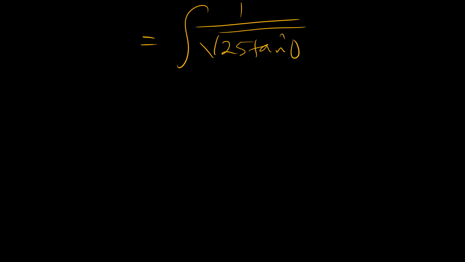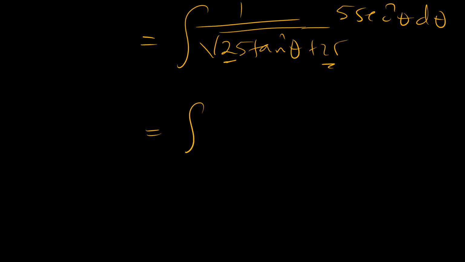So this becomes 1 over the square root of 25 tan squared theta plus 25, times 5 sec squared theta d theta. We can pull this 25 out and it becomes 5, and we're left with tan squared theta plus 1.